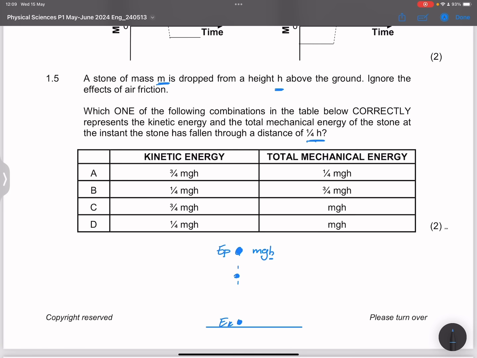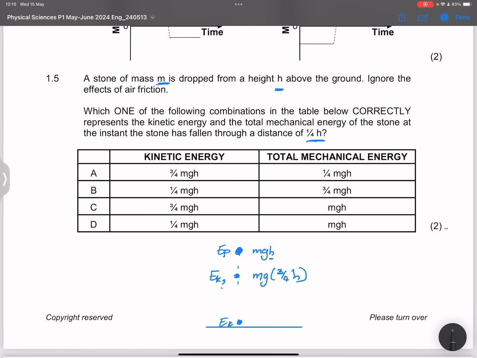So the height that is left would be mg times, now think about it, it would have fallen a quarter, so that's still 3/4 of that height. So I want to find out what would be the kinetic energy at this point.